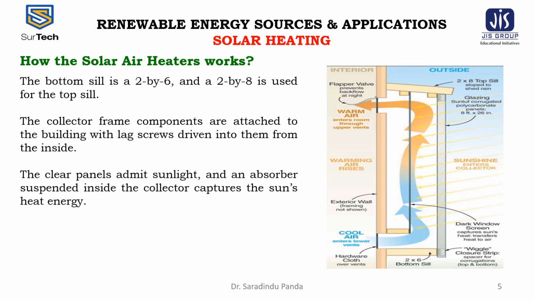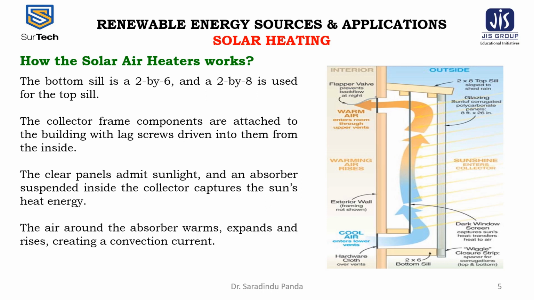The clear panels admit sunlight, and an absorber suspended inside the collector captures the sun's heat energy. The air around the absorber warms, expands, and rises, creating a convection current, which is shown in the figure as the arrow.